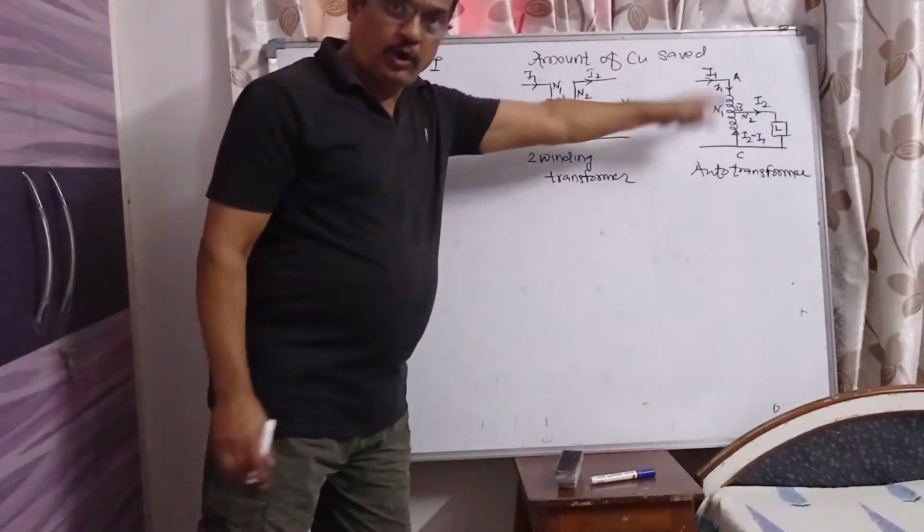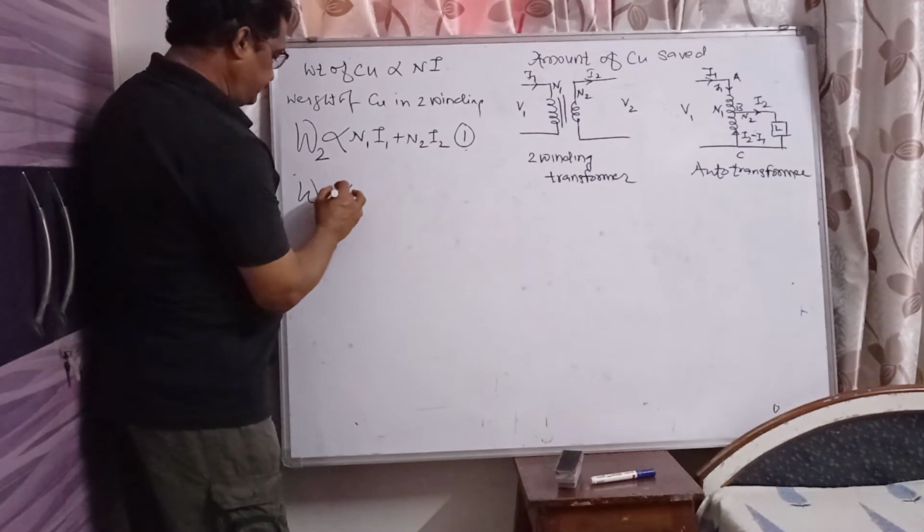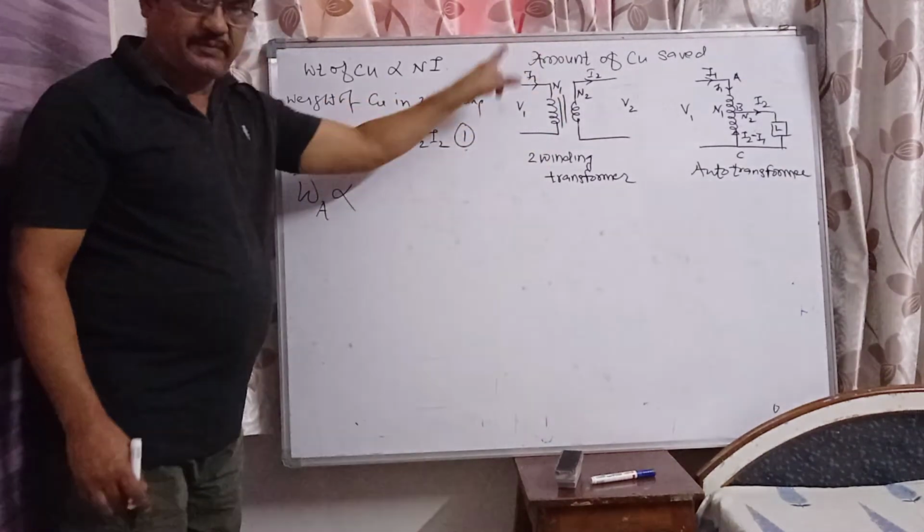Weight of copper in auto transformer, WA. A for auto transformer, 2 for two winding transformer.